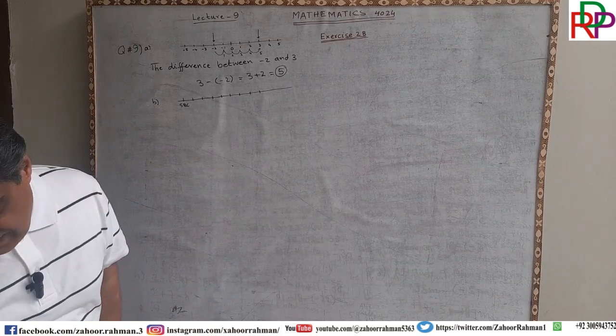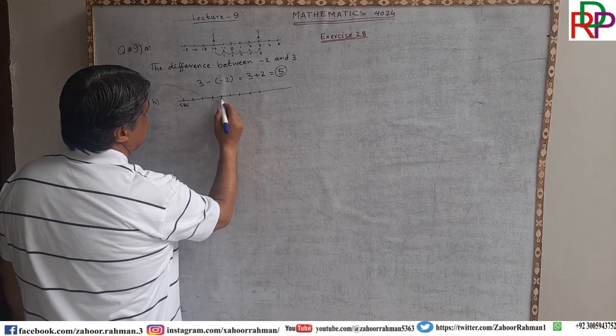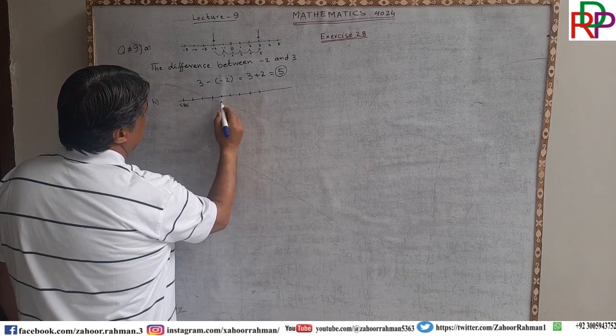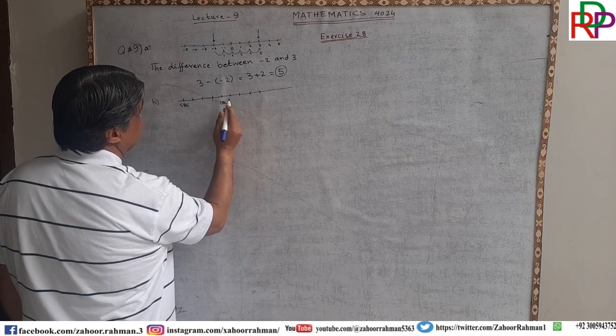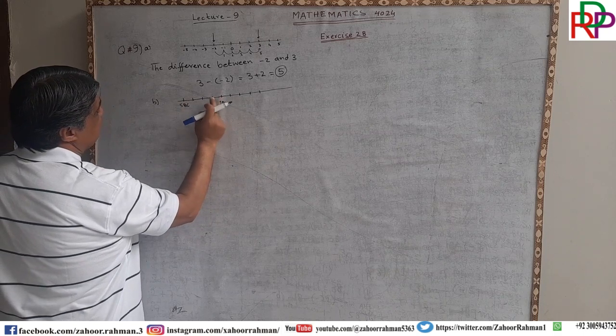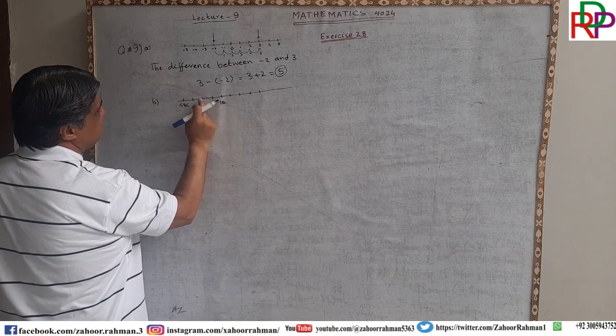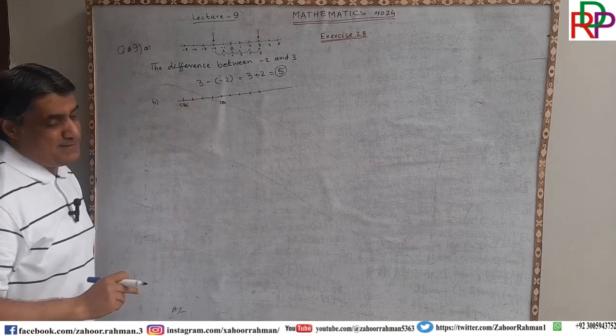There is 5 BC and there is 1 BC here. So it is going on the negative side: 1 BC, 2 BC, 3 BC, 4 BC, and 5 BC.